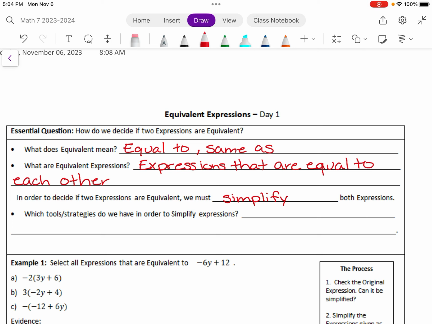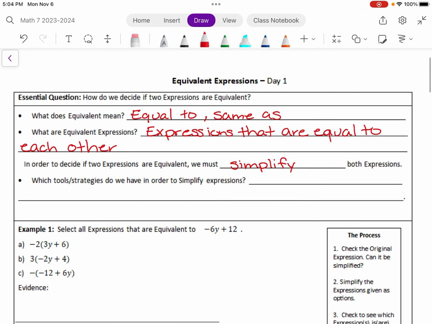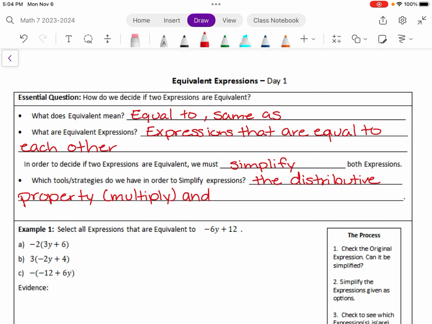So which tools, strategies do we have in order to simplify? Those are the two we've been going over, which are the distributive property, which means we multiply, and combining like terms.